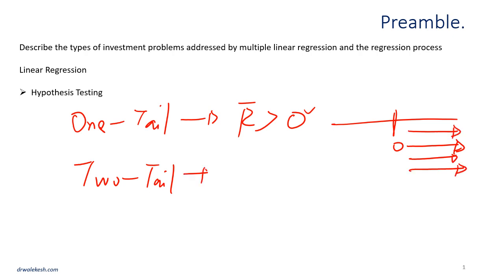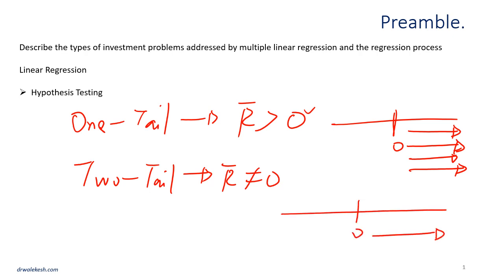But if I believe that if you invest in stock XYZ, the return you can make is not equals to 0, that means you could make above 0, that's one direction, or you could make below 0, that's another direction. So that's a two-directional question or a two-sided question.